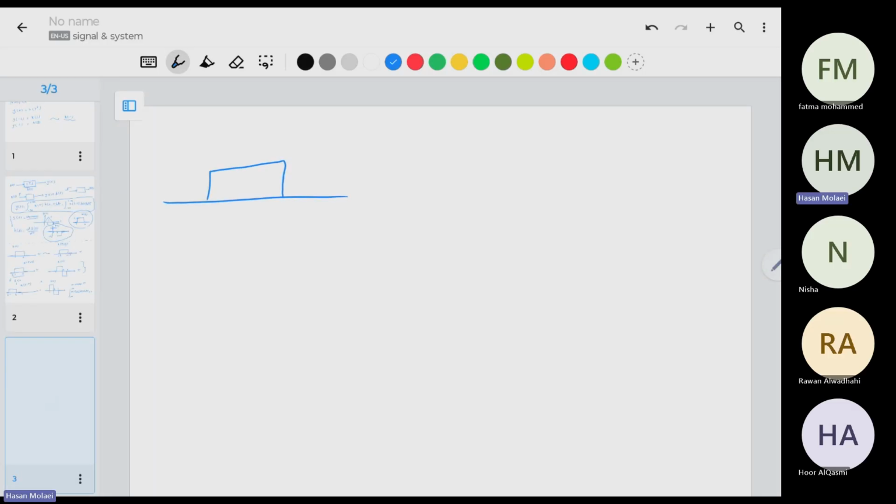I move x(t minus tau) a bit further. How much? It comes like here, which means t comes here, here would be t minus 1.